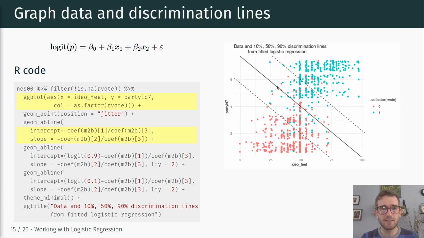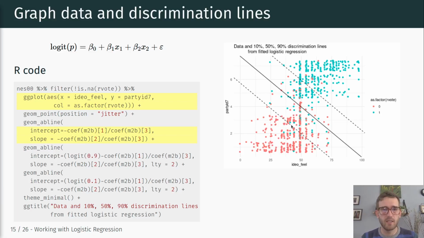Okay, so what you can see is around this solid line, in the direct vicinity, in the direct area close to this discrimination line, there should be about an equal number of 0 and 1 observations in our data.